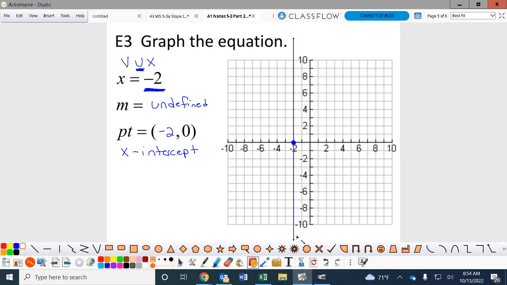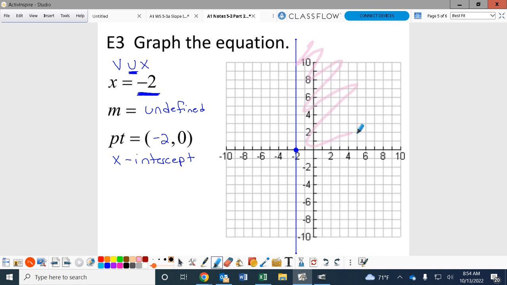It has to extend all the way through your graph, guys, because eventually on inequalities that we graph, we're going to be shading a side of the graph. So I need it to extend all the way past the edges. It's going to be very important that you learn to do that. I will take points off on your test. Okay? And you're going to label it. It's going to be x equals negative 2.